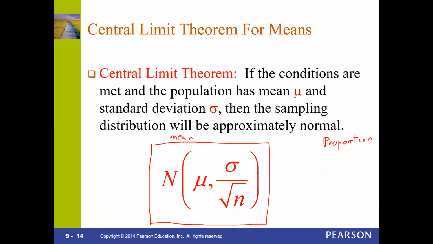For the proportion, we did N of p hat, comma, square root of p hat times 1 minus p hat over n.